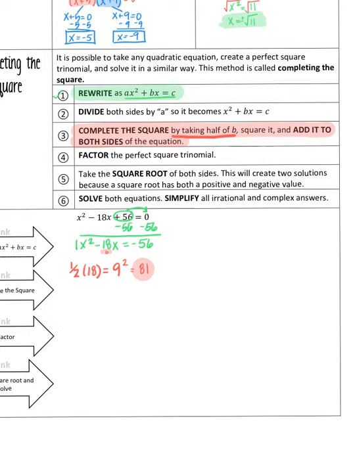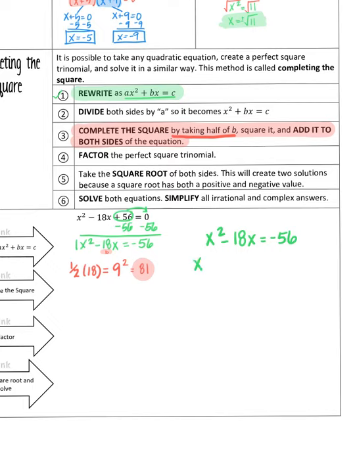So I'm going to rewrite what we have. We have x squared minus 18x equals negative 56. Okay, and I'm going to add it right after my 18x.